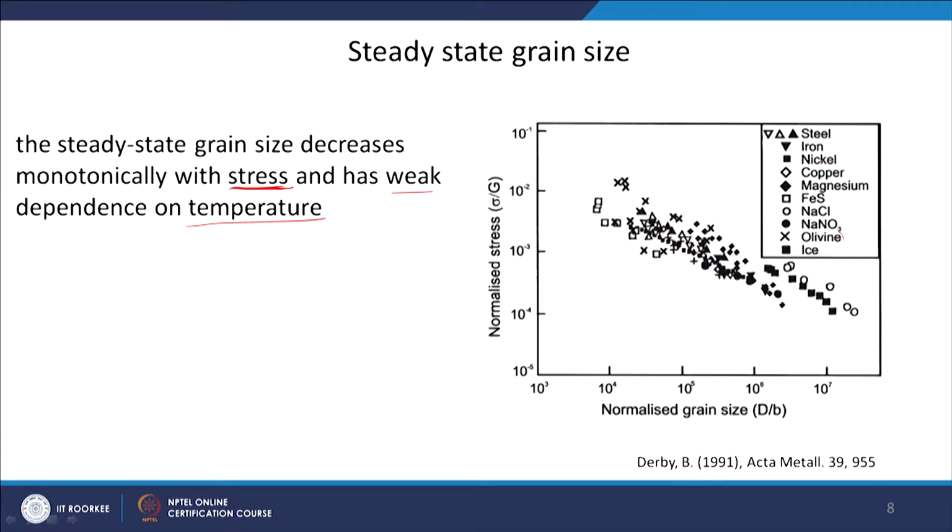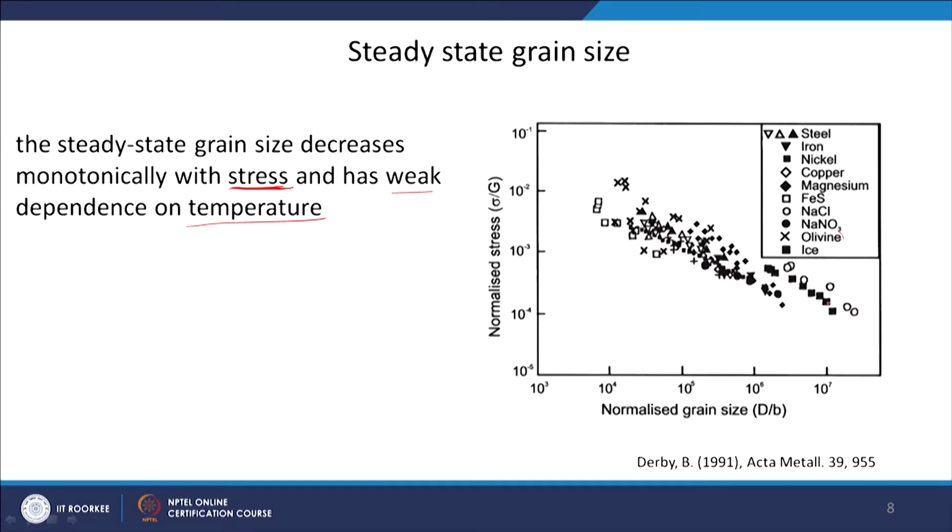In different types of materials you can see the same deformation behavior, with the normalized grain size and this normalized stress. As my stress value is decreasing, the grain size which I am going to get is increasing.